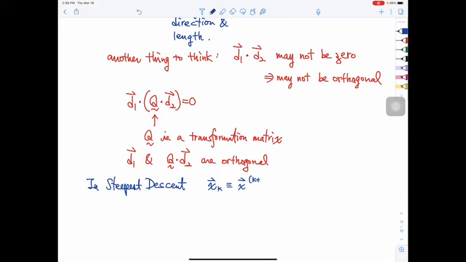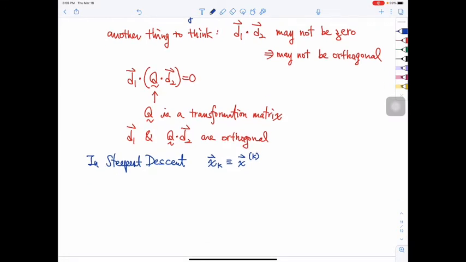Because if we keep using this uppercase bracket K, it's going to be a lot of this bracket and K. So I'm going to simplify this. Okay? So in steepest descent, we have x k plus 1 equals x k minus alpha k gradient f k. That's what we did.